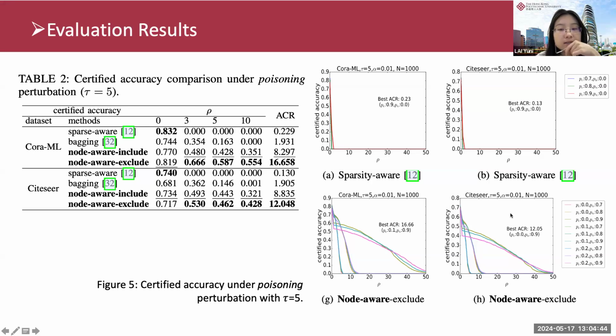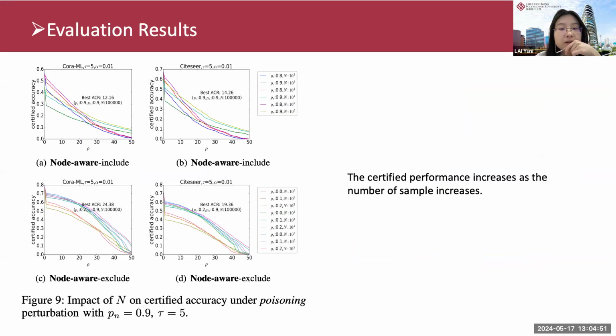Our node-aware exclude model outperformed the baseline significantly. In the experiment of the poisoning attack scenario, we set the number of random samples as 1,000. If we set a larger sample size, the certified accuracy can be further improved.